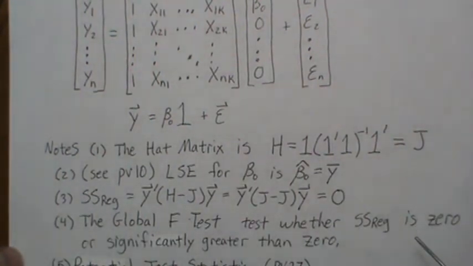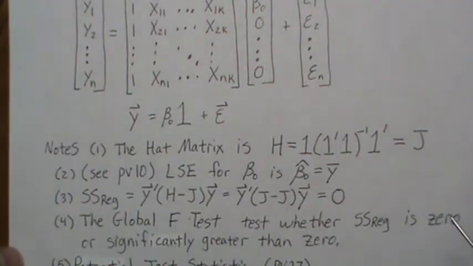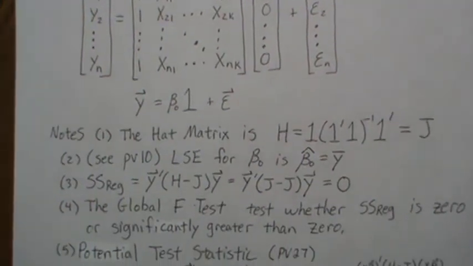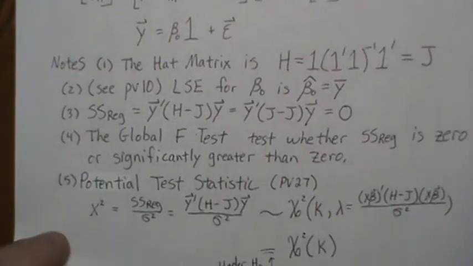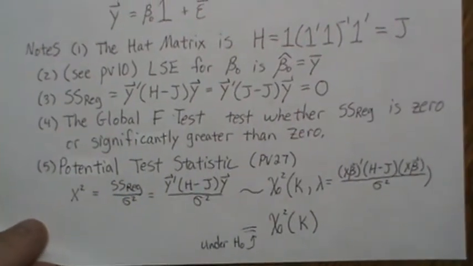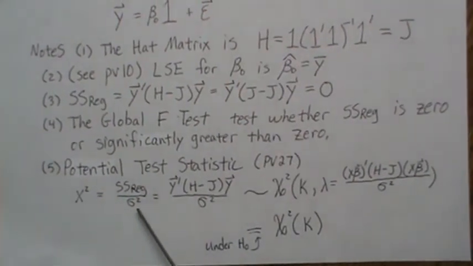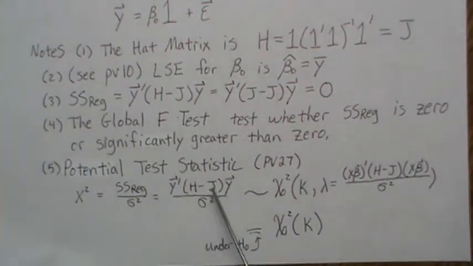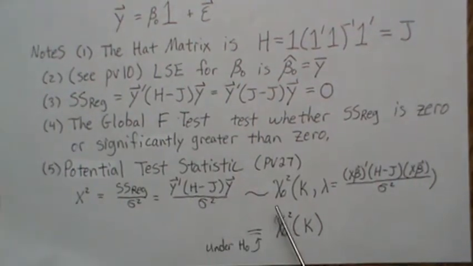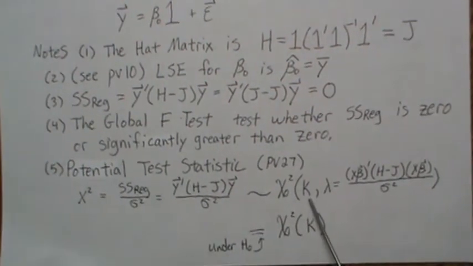But in reality, I think about it as: are any of these predictor variables helpful or not? That's what we're testing. Now, a potential test statistic is the sum of squares regression divided by sigma squared. We've shown, in matrix notation, that it's a chi-squared with k degrees of freedom.